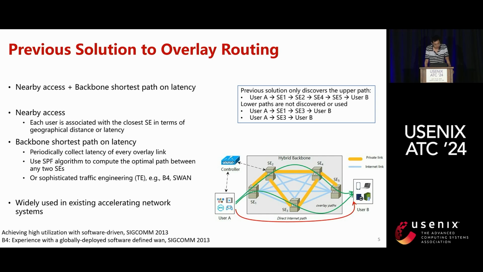This approach was widely used in existing accelerating network systems like AWS and Google's premium network service, with the condition that the backbone performance or quality is much better than the public internet.